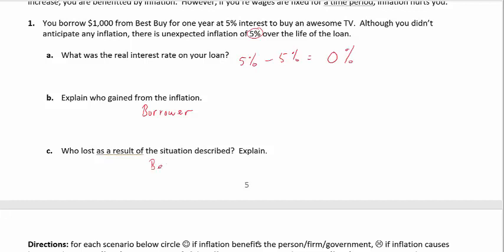Well, it's going to be Best Buy in this case, because Best Buy is loaning money where they thought they were going to earn 5%, but they're really only earning 0%. And so they're losing money because the money they get paid back with isn't worth what it was when they loaned it. Alright? So that's why inflation can affect borrowers and savers and creditors all differently.